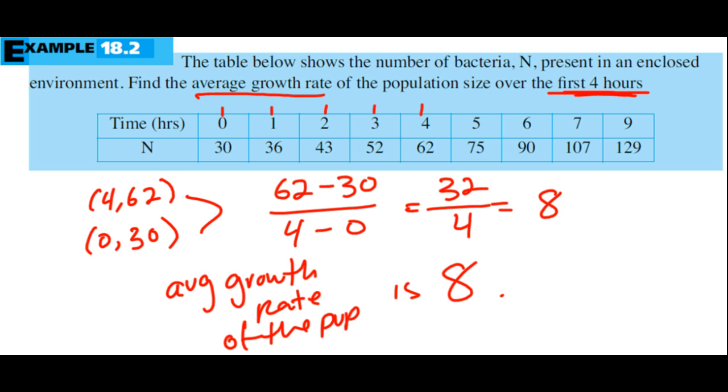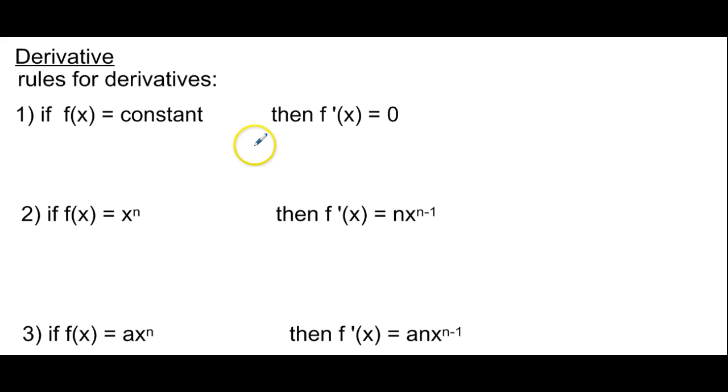And the next essential thing that we need to cover is derivatives. Some of you guys have seen it, some of you have heard it, but let's go over the very basic rules of derivatives. I'll tell you why we need derivatives in the next video. For now, we just need to know how to do it. The first rule is if f of x, which is the same thing as y, equals a constant, then the derivative of f of x equals 0.